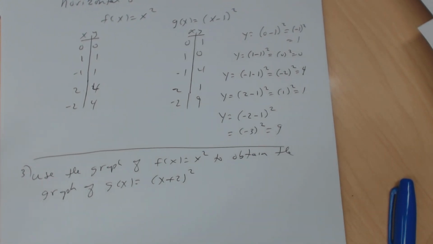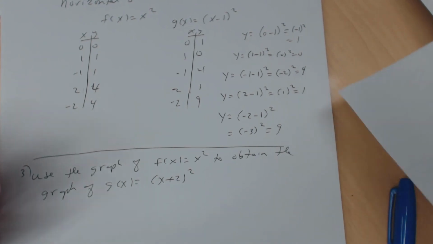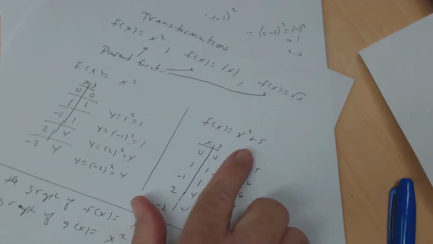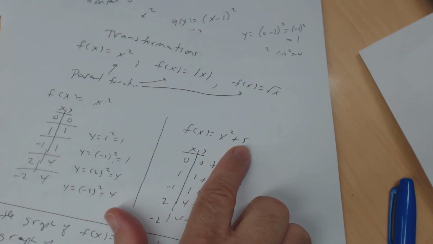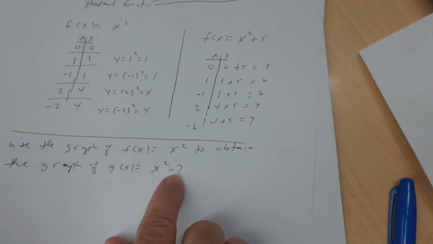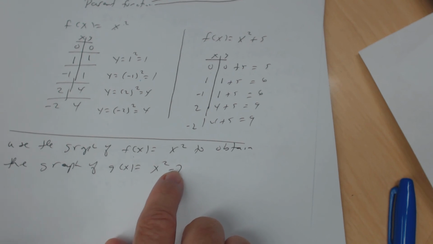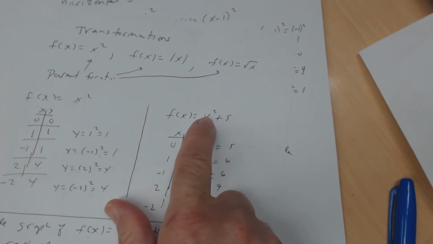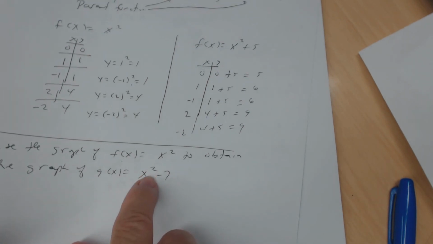Okay? All right, so remember, if it's on the outside, it's a vertical shift. So this was 7 units shifted down. This was 5 units shifted up. So I take the parent function, shift it up 5 units. Take the parent function, shift it down 7 units.